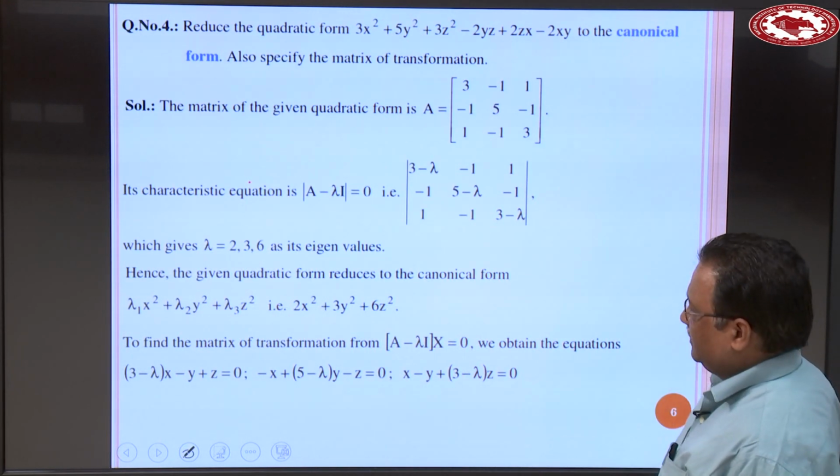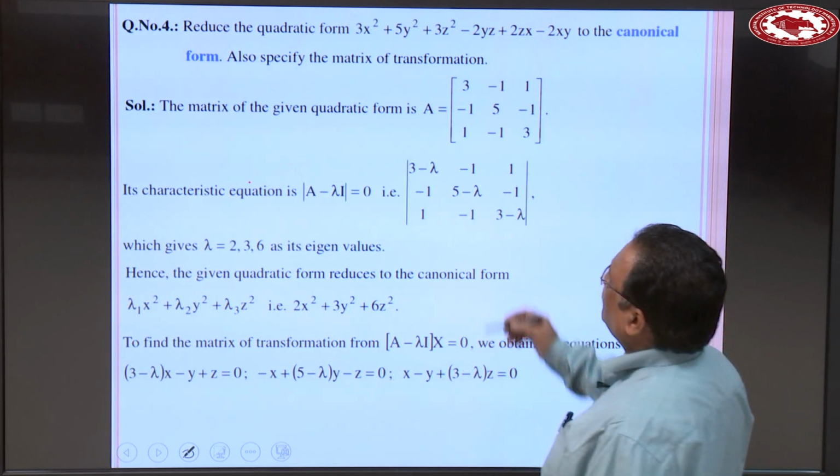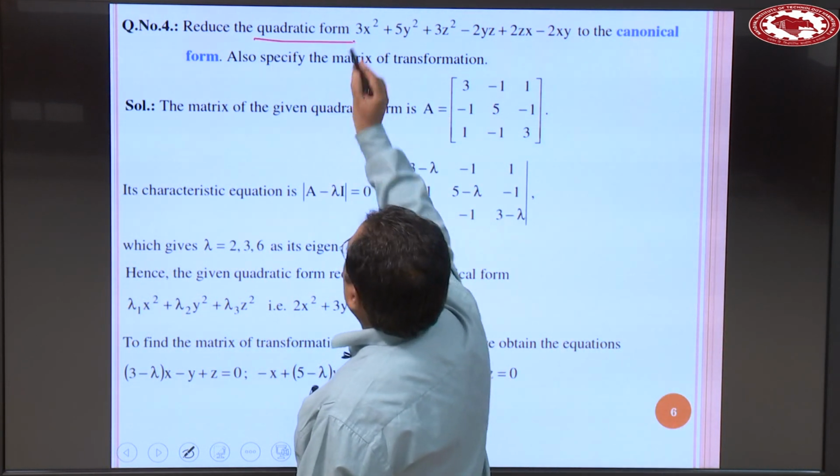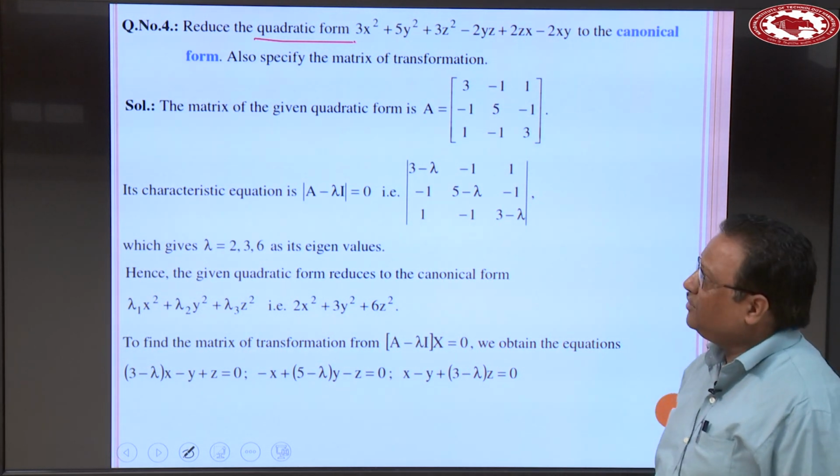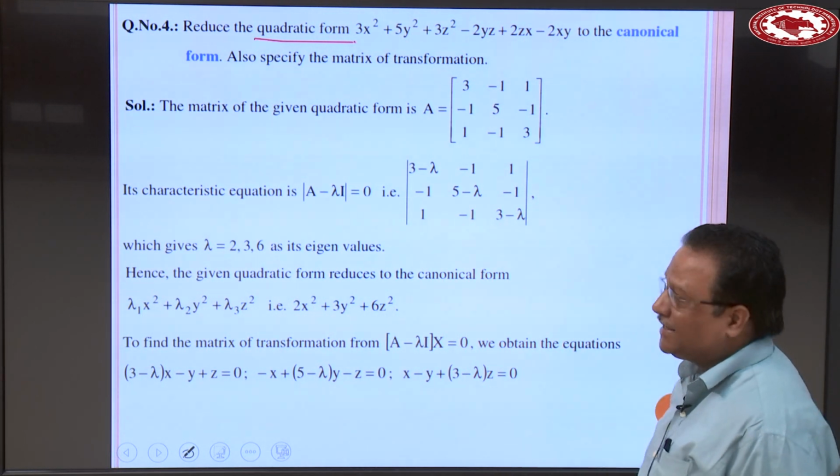Now solve this question: reduce the quadratic form to the canonical form. Also specify the matrix of transformation.